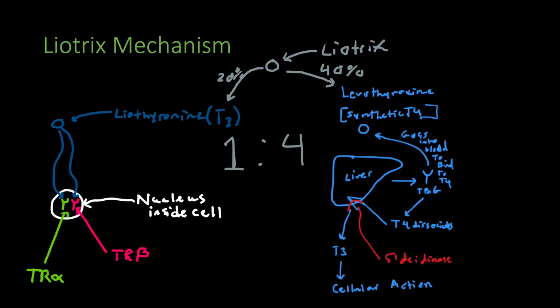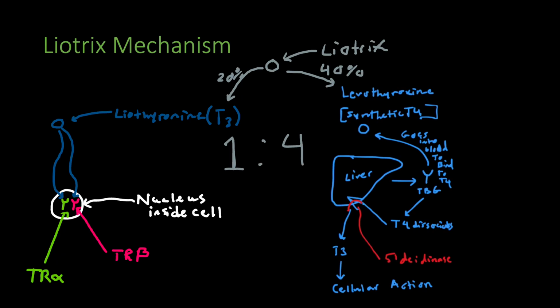Then Liotrix, I mentioned that they actually work in both pathways. It's like a 4-to-1 ratio. 40% works in the levothyroxine pathway, and then 20% of that medication works in the liothyronine pathway. And you already saw how they work.